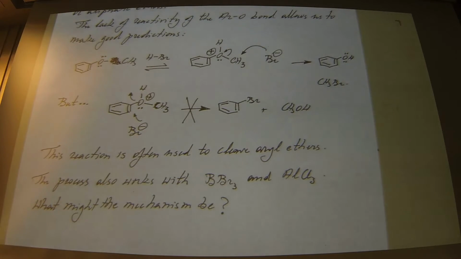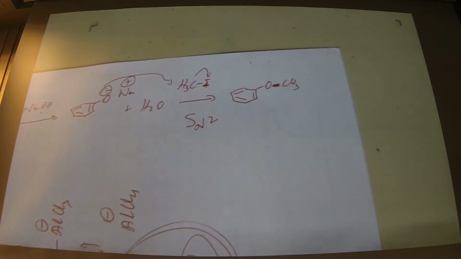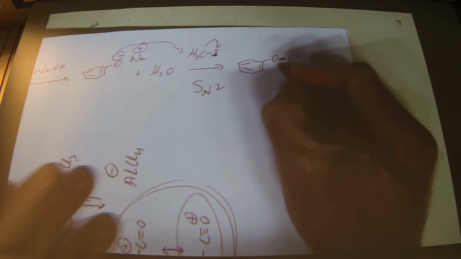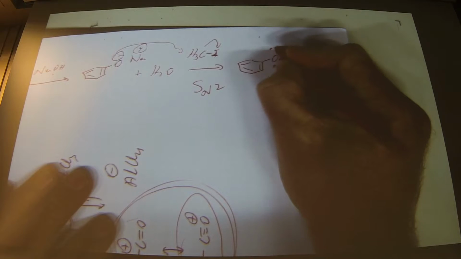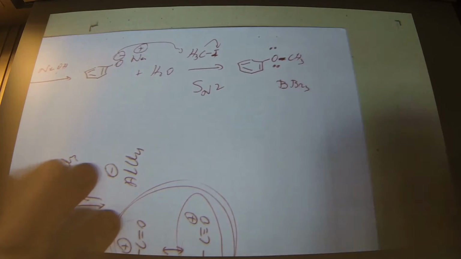Now, you have to use conc HBr for this. No, you don't. A very good reagent for this is boron tribromide. Now, how does that work? Well, it works the same way. If I take this compound and I allow it to react with boron tribromide, there's boron tribromide.